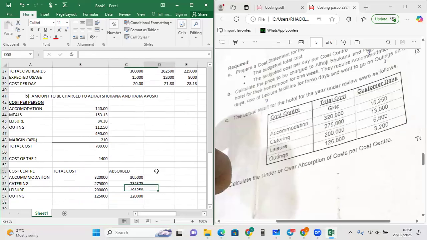Now let's solve for the difference. It's going to be equal to this minus this, the absorbed minus the total or the actual. Always remember absorbed minus actual, or minus total.